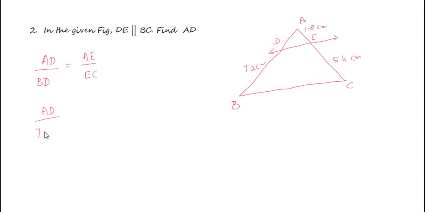BD is 7.2 centimeters, AE is 1.8 centimeters, EC is 5.4. Therefore, AD equals 1.8 into 7.2 divided by 5.4. This will go once here, this will go 3 times here, 3 ones are 3, 2.4. It is 2.4.